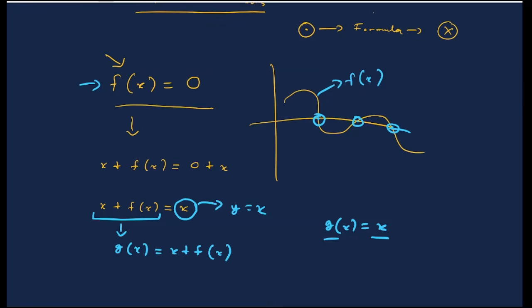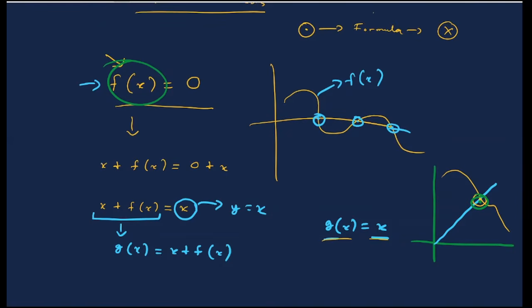That means if we draw it in a graph, let's say this is g(x), and obviously this is y = x, the function at the right-hand side. And in our mathematical statement, we have written that g(x) = x. That means the point where these two graphs intersect is one of the roots of f(x).